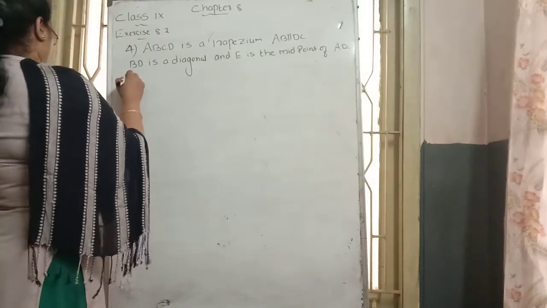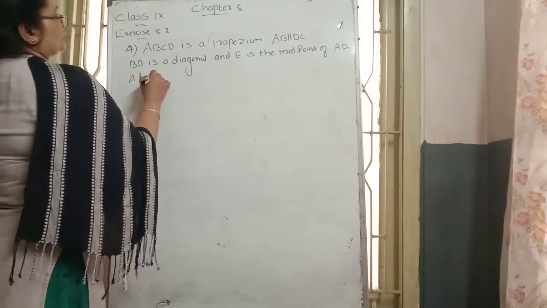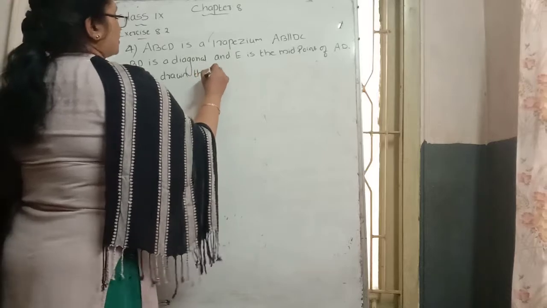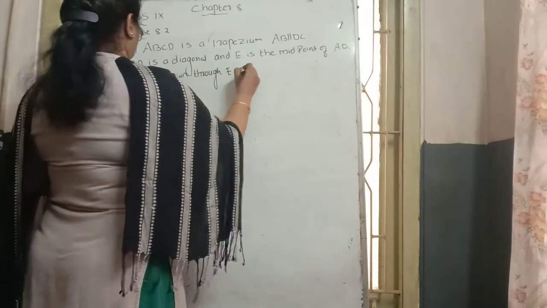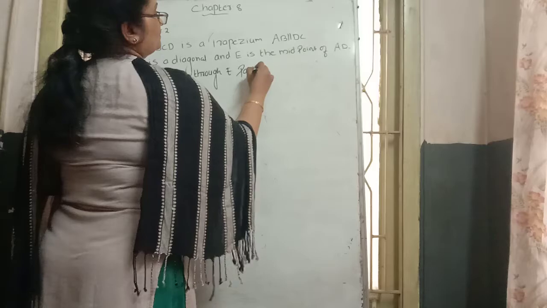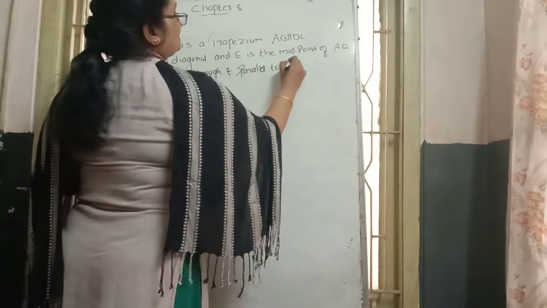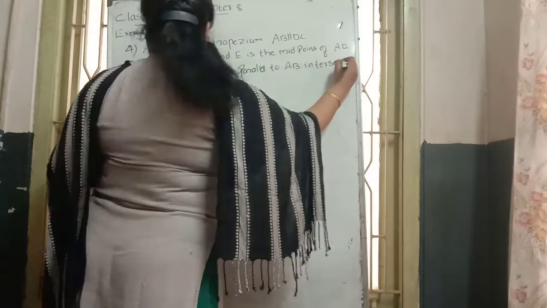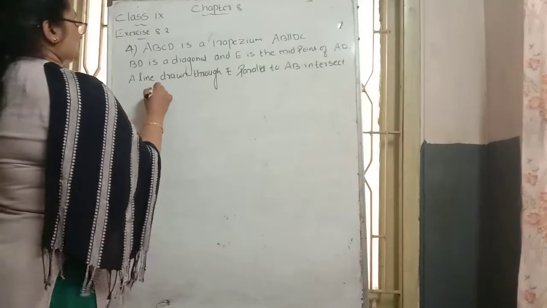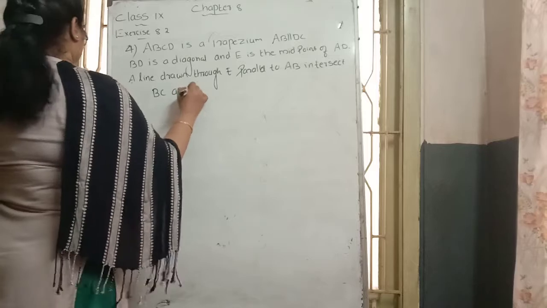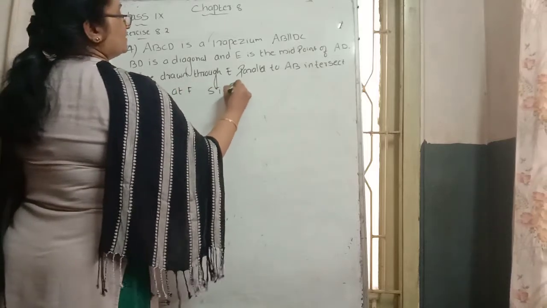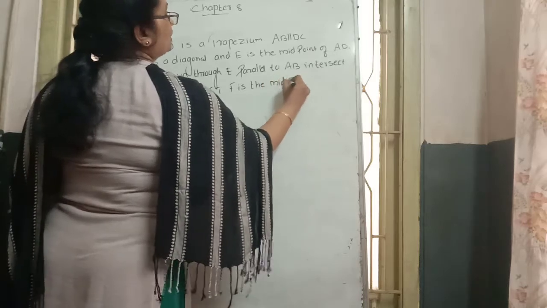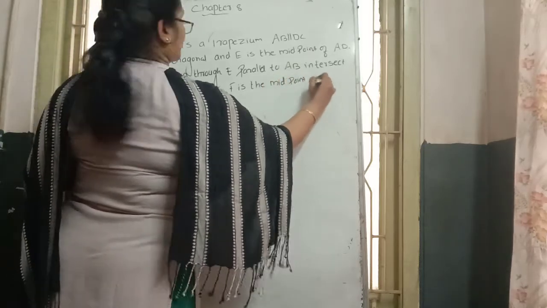Then they have given a line drawn through E parallel to AB, intersecting BC at F. Show that F is the midpoint of BC.